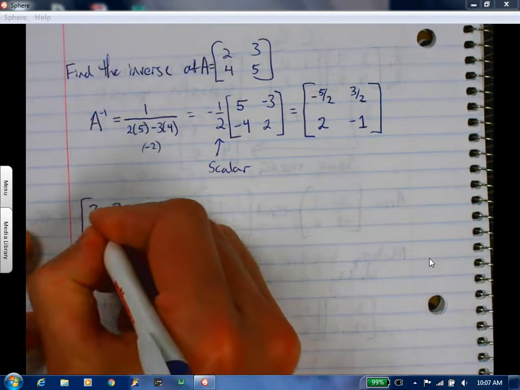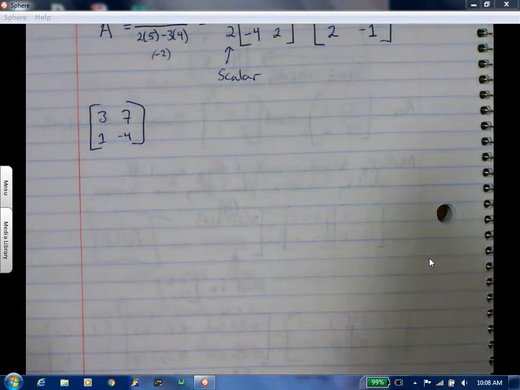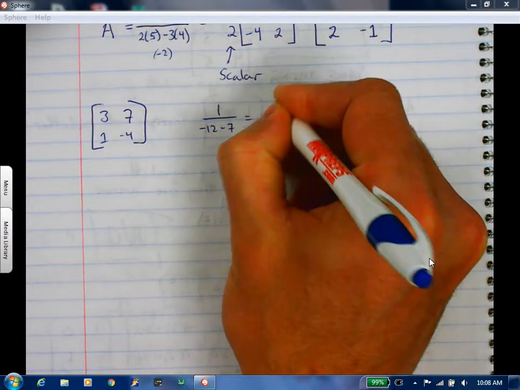3, 7, 1, negative 4. Inverse time. You get negative 19 for your determinant?